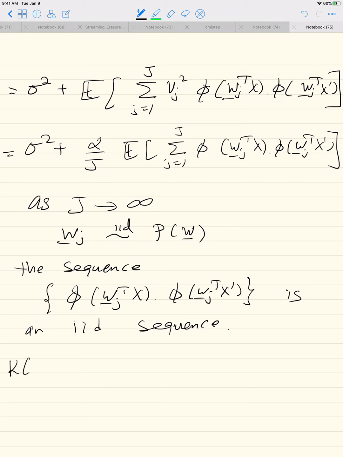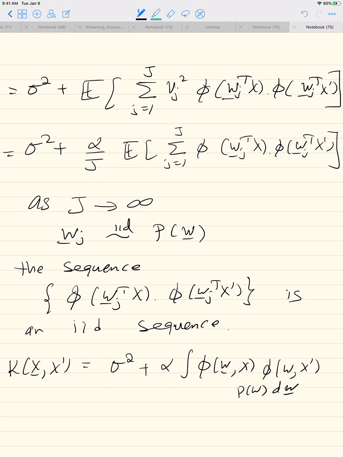And so we can approximate the kernel function as J goes to infinity as sigma square plus alpha times the integral of phi of w x, phi of w x prime, Pw dw. And f of x tends to be a Gaussian process with zero mean and the covariance function k of x, x prime.